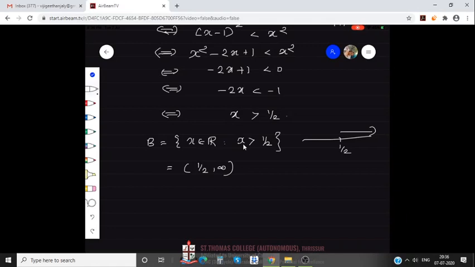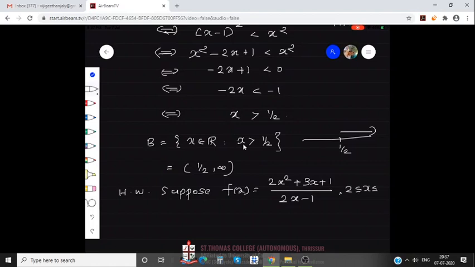Okay, now I will give you one homework. Suppose f of x is equal to 2x square plus 3x plus 1 the whole divided by 2x minus 1, given 2 less than or equal to x less than or equal to 3.